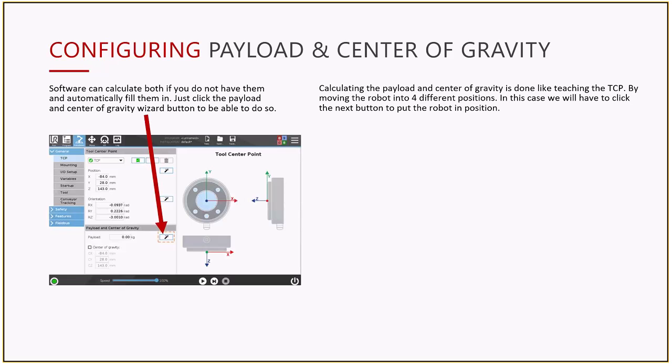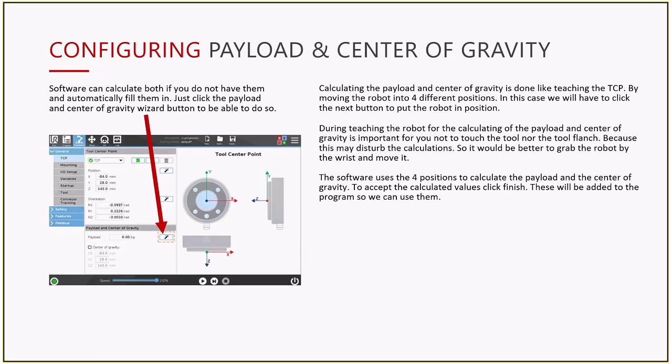Calculating it will be the same way that we did the positioning. You gotta give it 4 different positions for it to calculate it. So you gotta teach it 4 different locations for it to acknowledge it and do its calculation, and then push them in through the system.